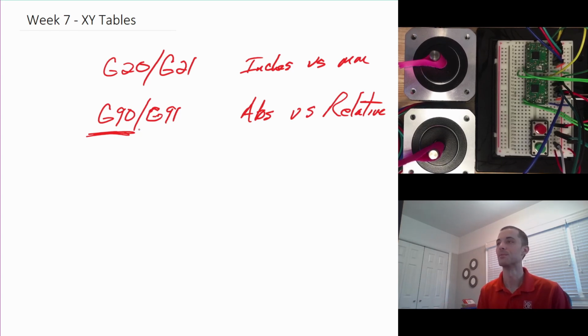The most common ones are the G80 series, which are all around creating or processing different types of holes. So there's drilling and tapping, there's drilling and reaming and honing. There's a bunch of different combinations that you can put together.